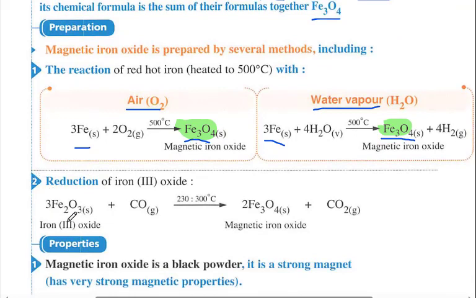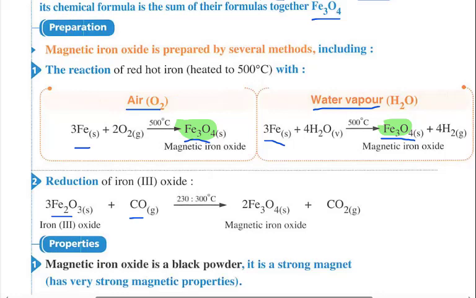We know that ferric oxide is the higher oxide, so we can produce the other oxides by its reduction. If we reduce ferric oxide by carbon monoxide or hydrogen as reducing agents, it will form magnetic iron oxide or ferrous oxide. What is the difference between the two conditions? The temperature.